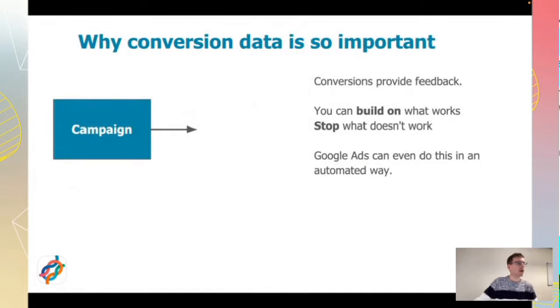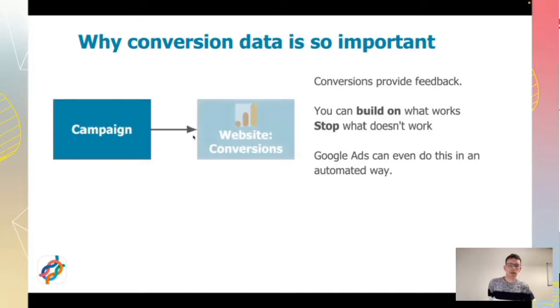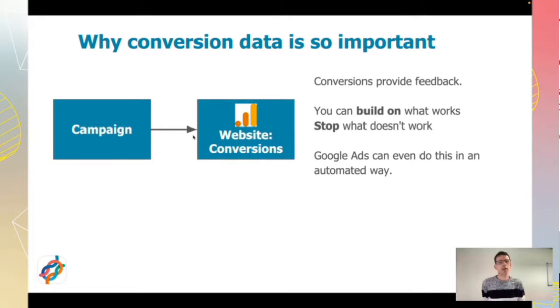So why is it important to have data on conversion data? Like this is one way of looking at it in a schematic way. So you have traffic coming to your campaign, which goes to your website, and on your website, hopefully they will take actions that you hope they will take. So signing up for things or contacting you.